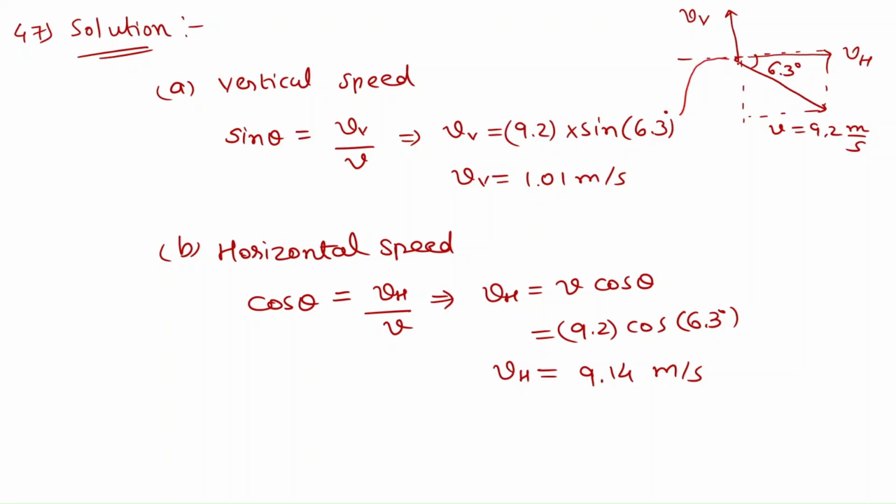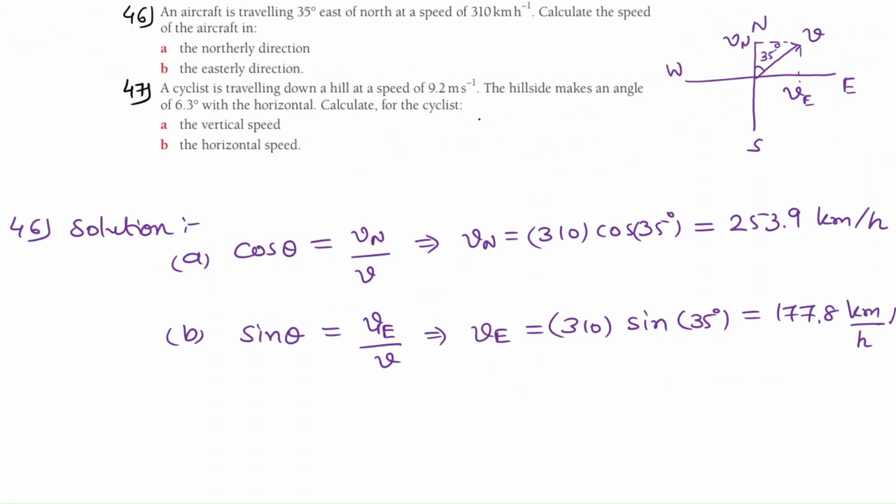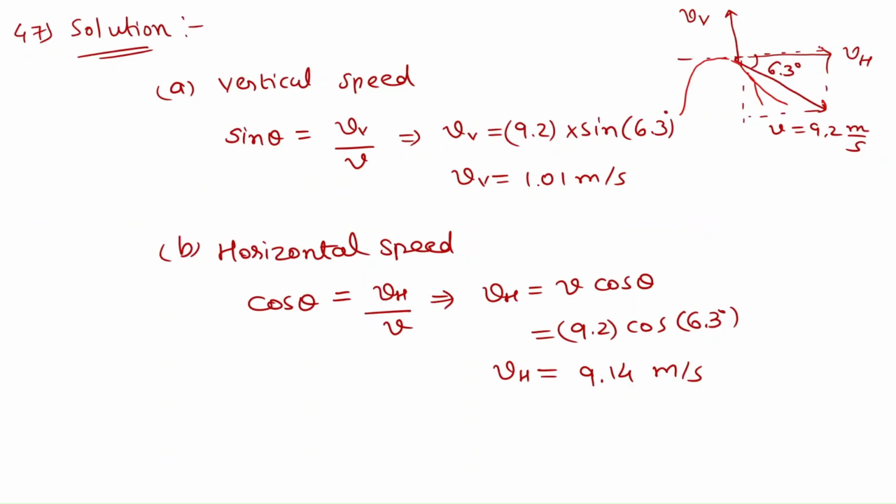this is the mountain. Okay, and the cyclist is going this way, and the question tells us it makes a 6.3 degree angle with the horizontal. So we have the horizontal here, and it makes an angle of 6.3 degrees, and the velocity is 9.2 meters per second.